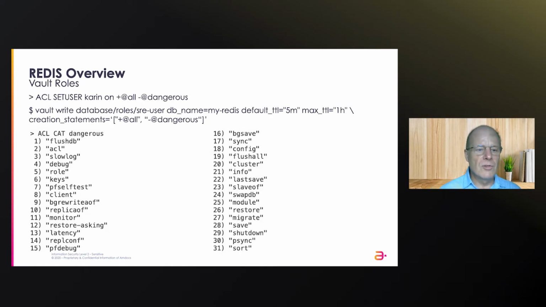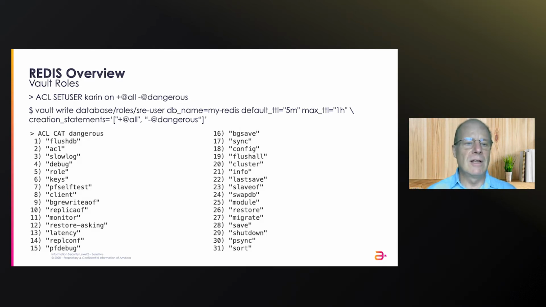So here, let's take a look at how we can use the categories to declare a Vault role that can be used to grant access to a user that's not privileged to use some of the commands categorized as dangerous in Redis.